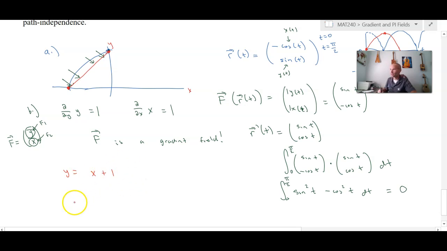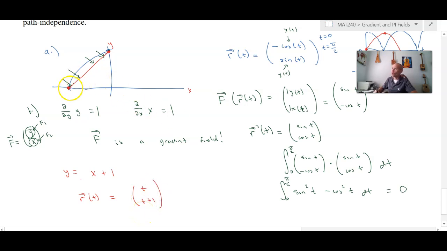Again, many choices. I'm going to choose the simplest. I'm going to let my x component be t, and then my y component, I'm going to let that be x plus 1, which will be t plus 1.